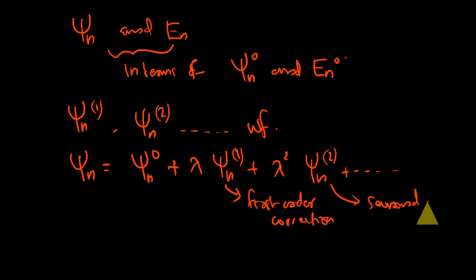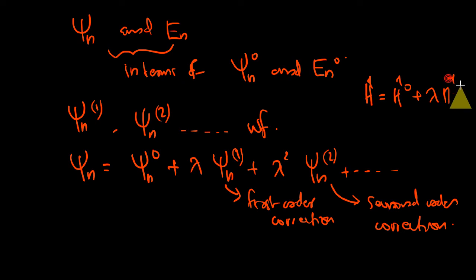And lambda, you already know, appears in the Hamiltonian also, because the Hamiltonian of the perturbed system H cap is equal to H cap 0 plus lambda H cap dash.